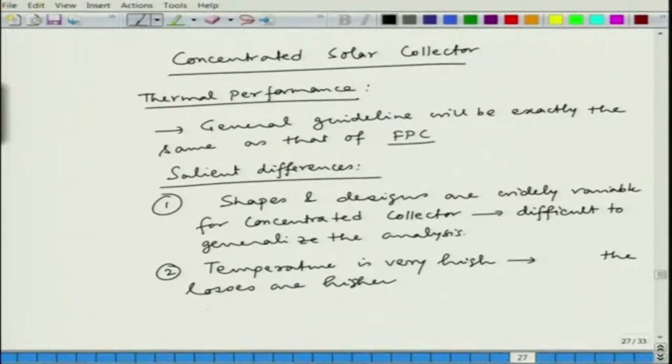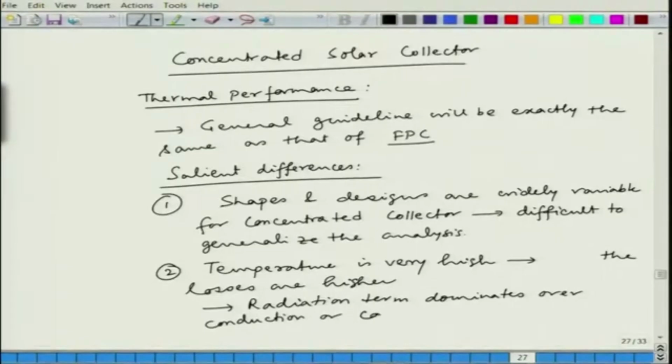Okay. And the radiation term dominates over conduction or convection terms.